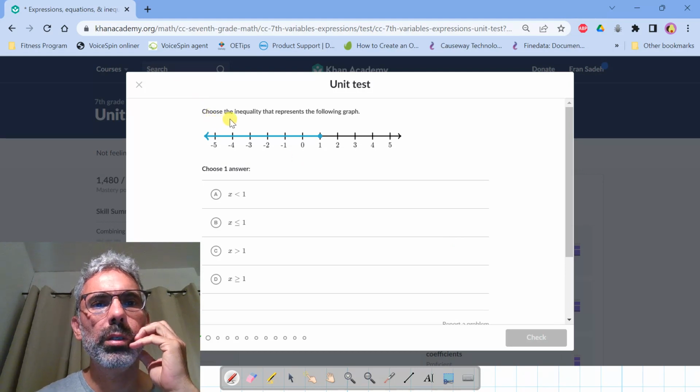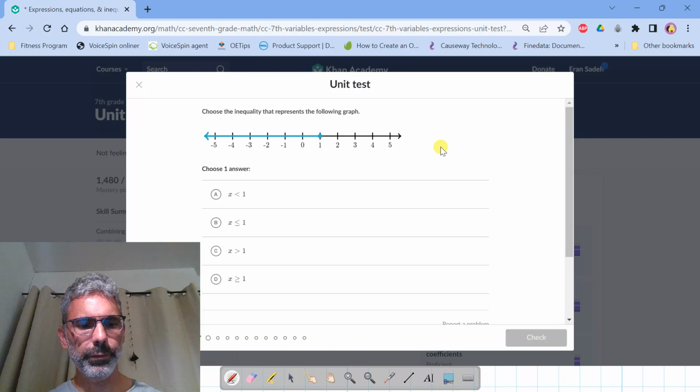Choose the inequality that represents the following graph.